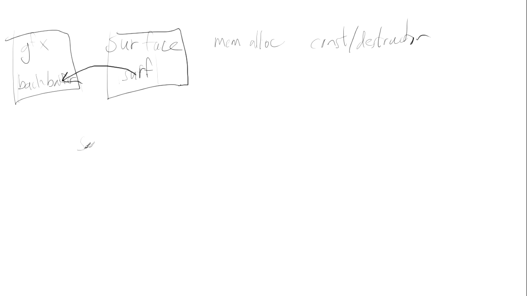Syntactically, let's say we have a surface object, surf. This is just a surface object, not the same thing as the buffer here. Surface surf. So we could do something like surf.draw, and pass it graphics.